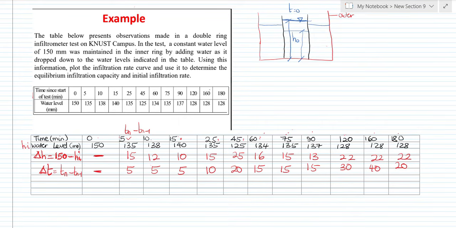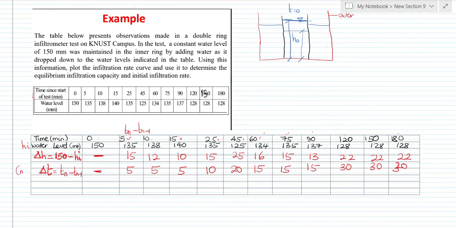Here is supposed to be 150, right? So here is supposed to be 150. So here is going to be what? It's going to be 30. 30, right? And here will also be 30.